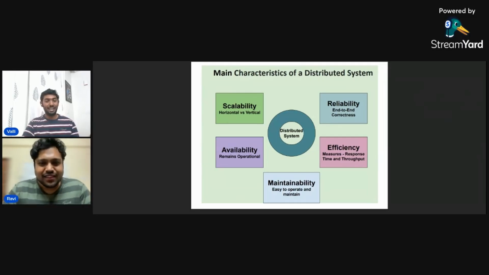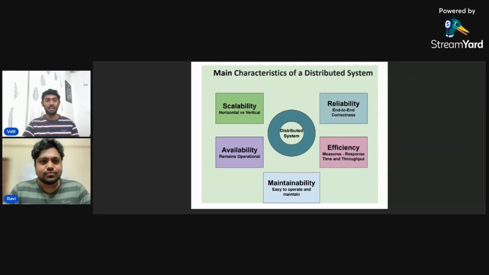Next we can talk about efficiency. In a distributed system, how do we measure whether our system is efficient or not? There are 2 standard measures. One is response time, which is nothing but latency, and the next one is throughput, which is nothing but bandwidth.